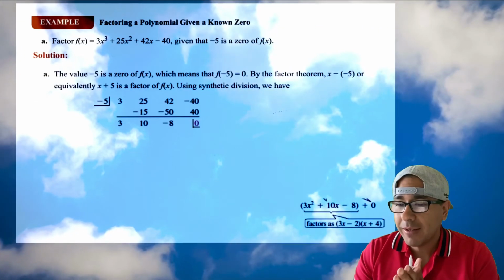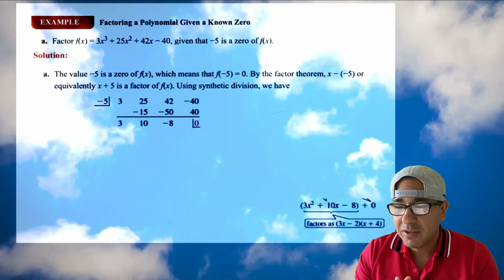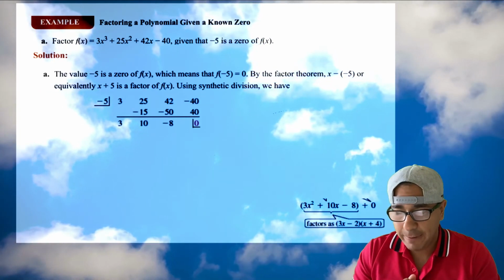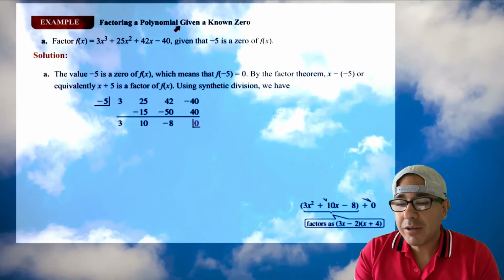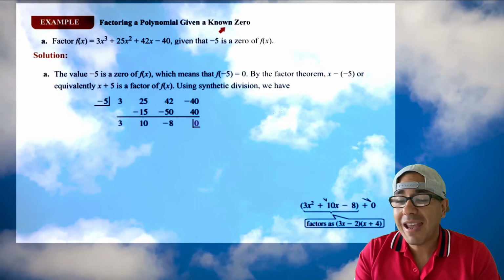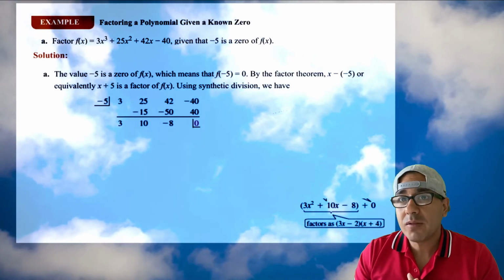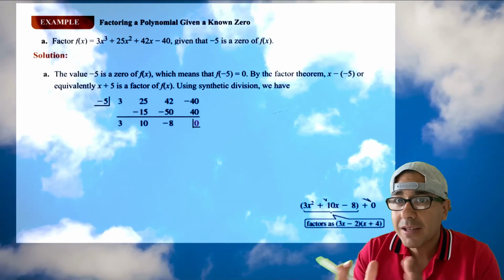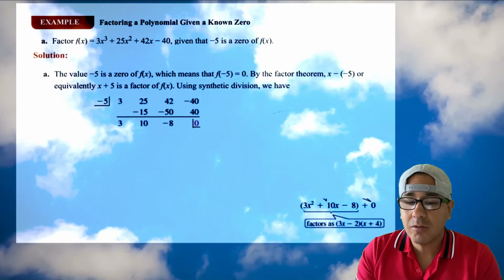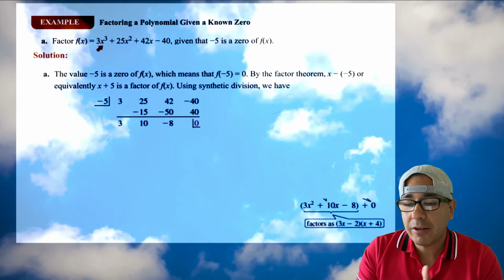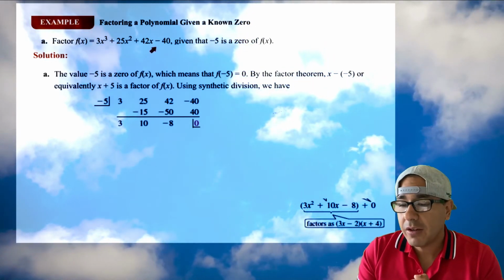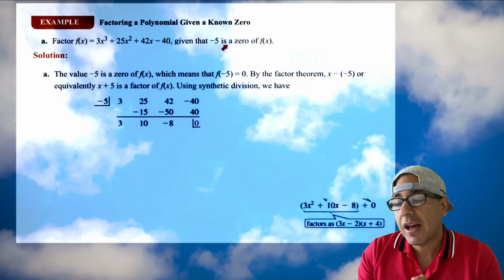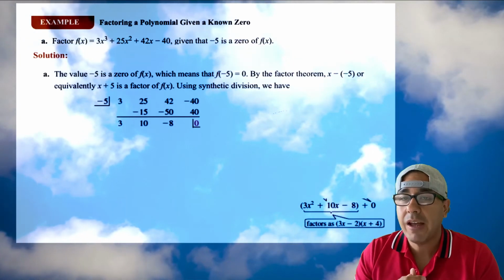So let's get going. Let's dive into some more examples here. So let's look at this one right here. Factoring a polynomial given a known zero. Sometimes we might know one of those zeros. We're going to see all kinds of different situations. In this example, they want us to factor this cubic function given that -5 is a zero of f of x.